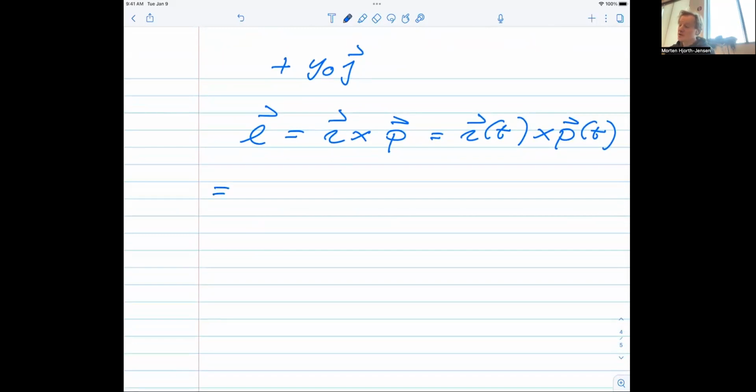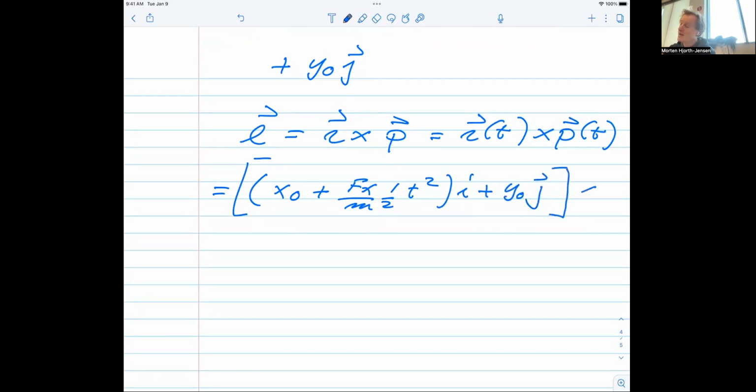So this is us setting up x0 plus, and then I have my f of x divided by m factor over half of t squared, and this is in the y direction, plus this y0 in the y direction, and this is then multiplied with the velocity in the x and y directions.